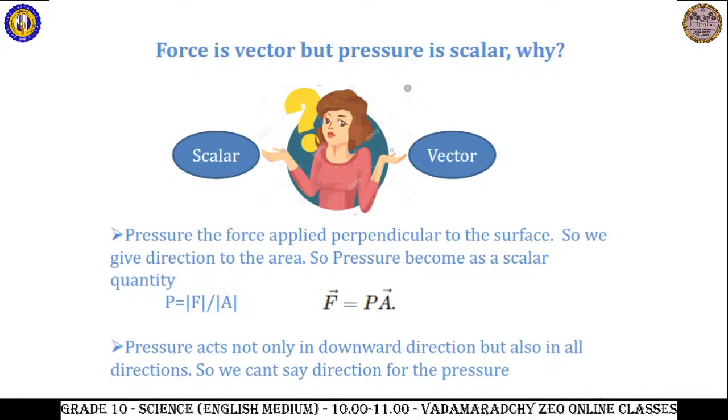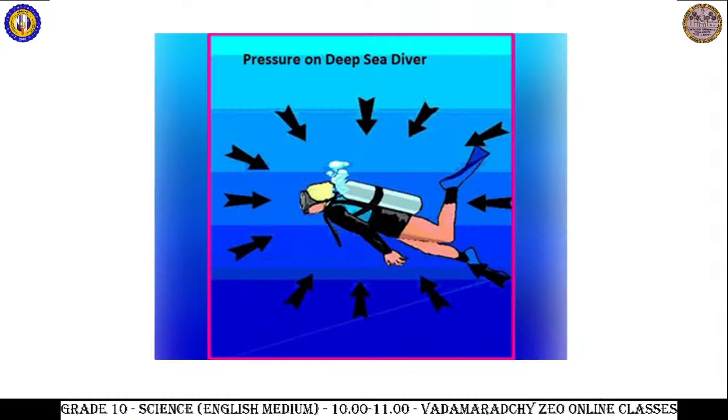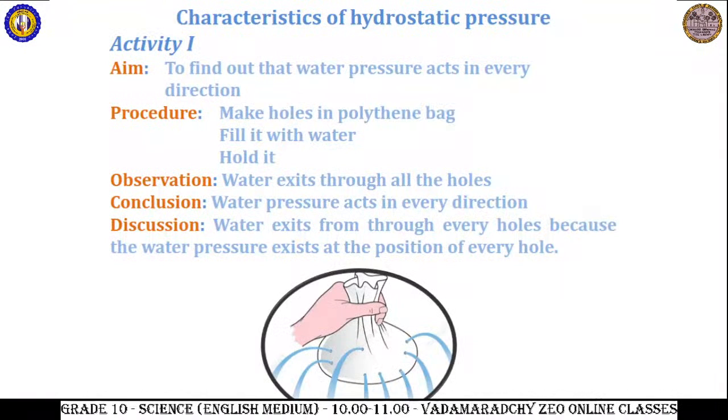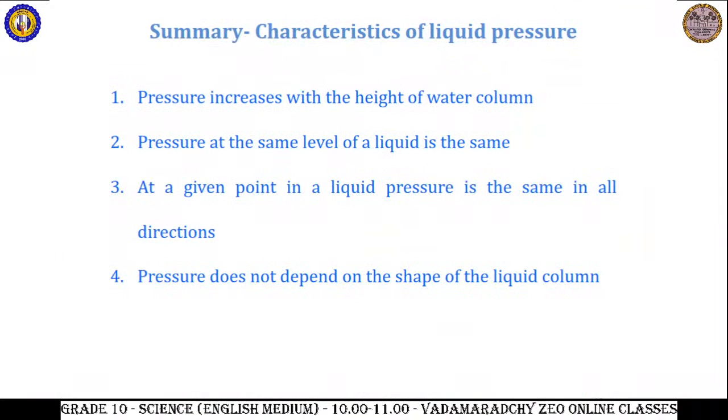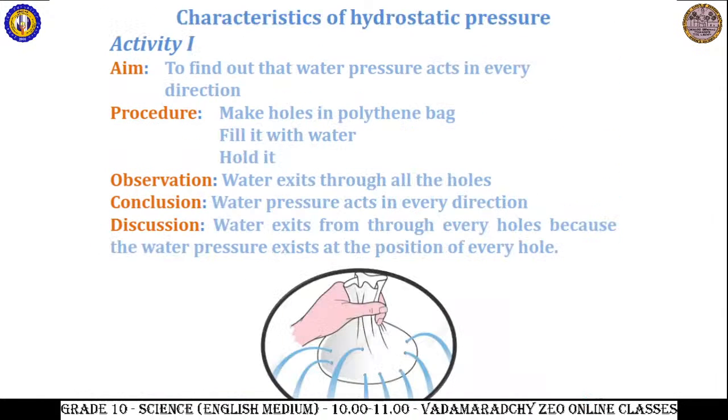Thereafter, we mentioned that even though force is a vector, pressure is a scalar, since pressure acts in all directions. Then we studied the characteristics of hydrostatic pressure. First, hydrostatic pressure acts in all directions. Second, hydrostatic pressure at the same level of a liquid is the same.